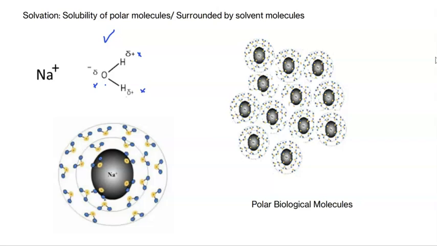Now, when this comes into contact with, say, ions the size of a sodium ion, what happens is that the negative dipole on the oxygen is attracted to the sodium, and the type of bonding that takes place here are weak intermolecular forces, which are called hydrogen bonds.